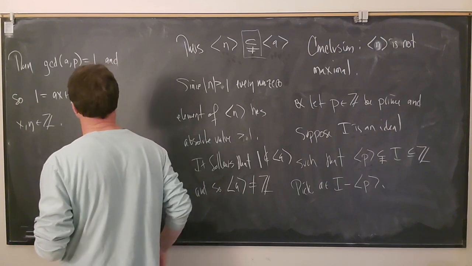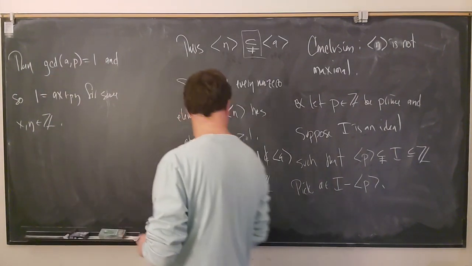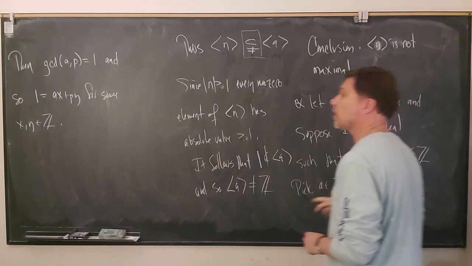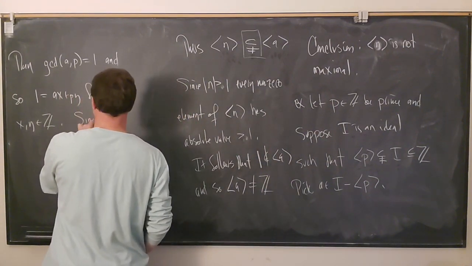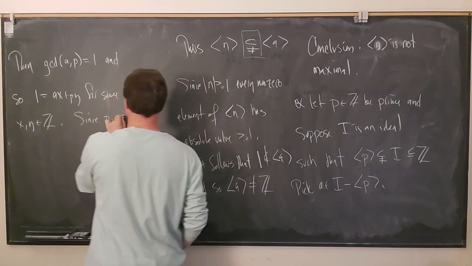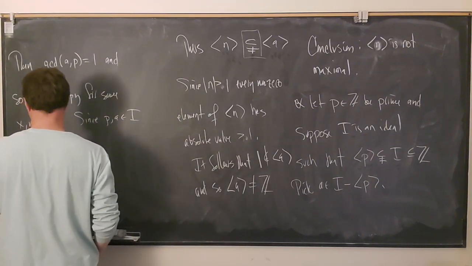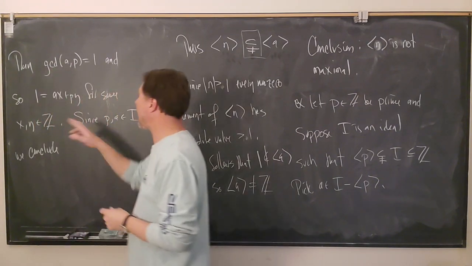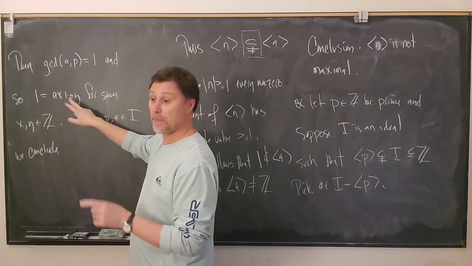Now, little p lives inside I. So does A. So since both p and A are elements of I, and I is an ideal, A lives inside, so does A times X, so does p times Y because p lives inside.